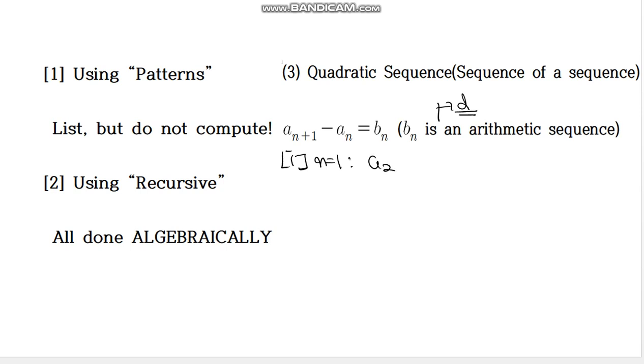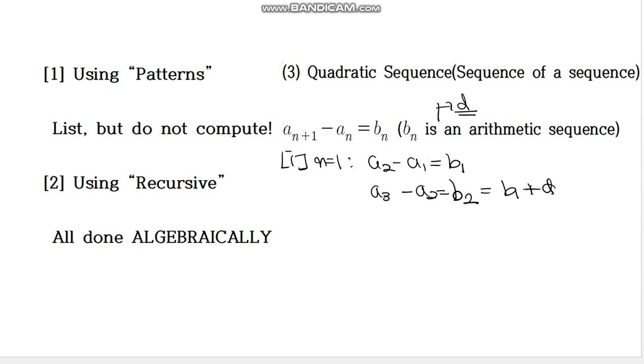Then it's a2 minus a1 is b1, right? Then we have a3 minus a2, which is b2, so b2 is b1 plus d, right?